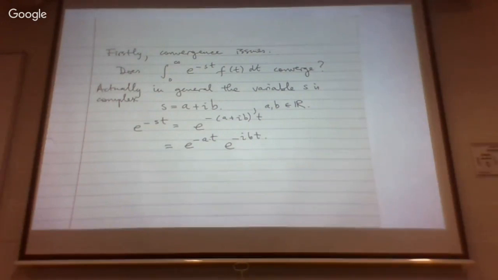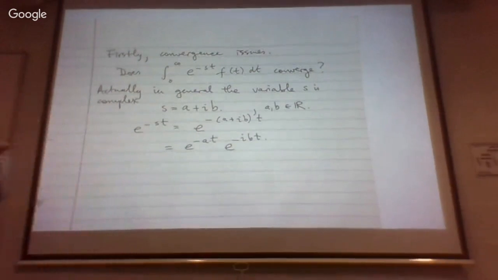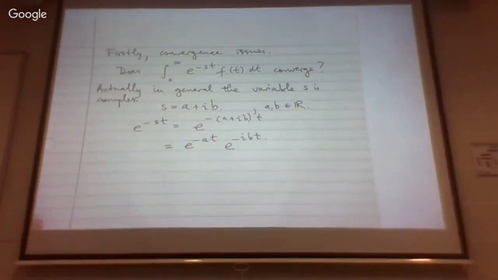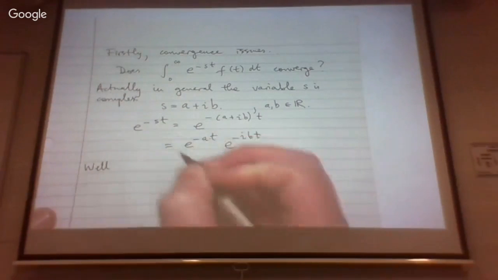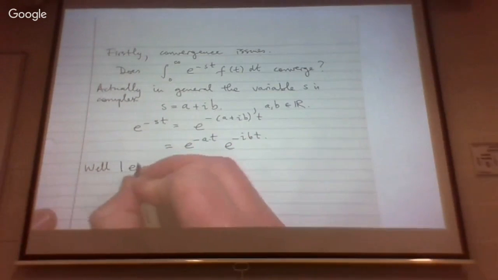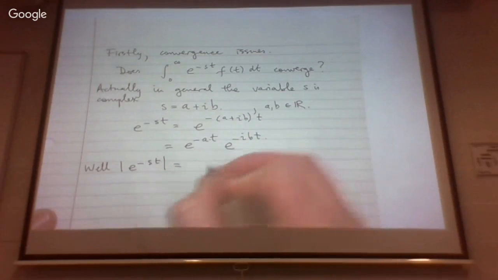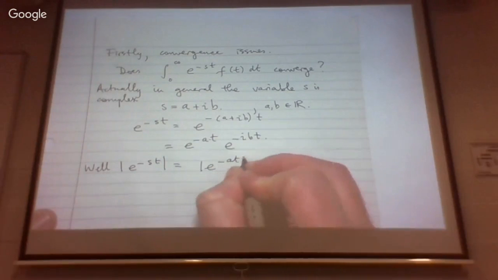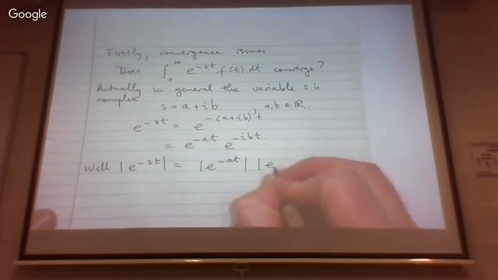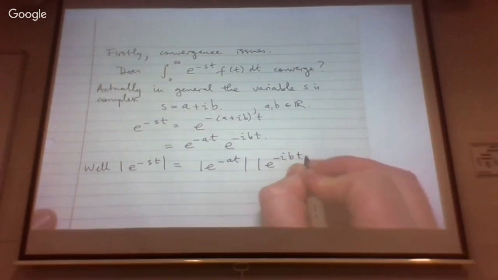Now, how big can this thing be? We look at the absolute value of this and ask ourselves how big it might be. So the absolute value of e to the minus st is going to be the absolute value of e to the minus at multiplied by the absolute value of e to the minus ibt.